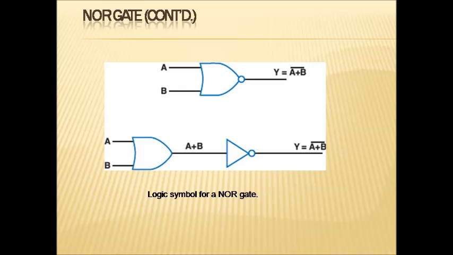So the NOR gate looks like an OR gate, except it contains a bubble at the tip of that gate. Actually it is a combination of an OR gate with a NOT gate. So here you can see that the NOR gate is the negation of an OR gate.